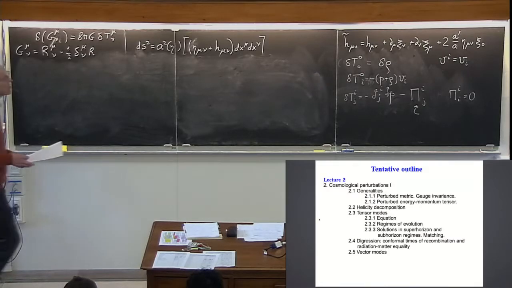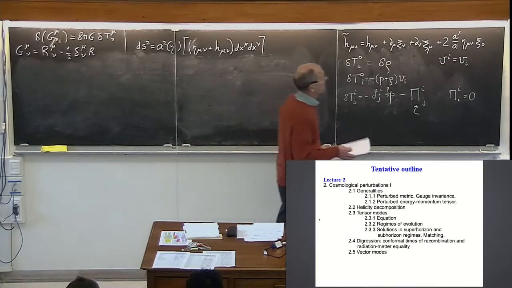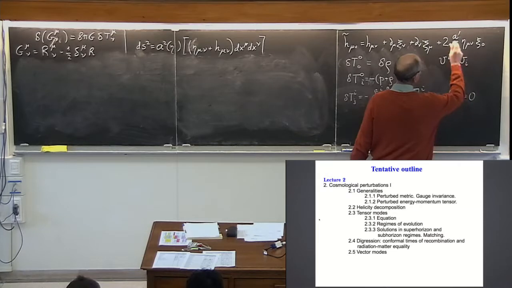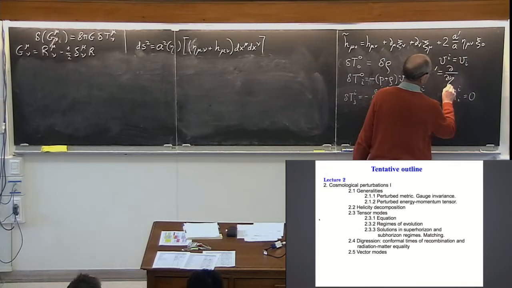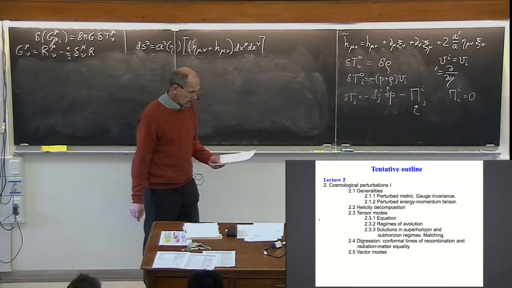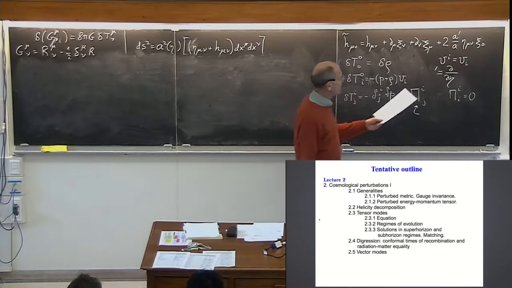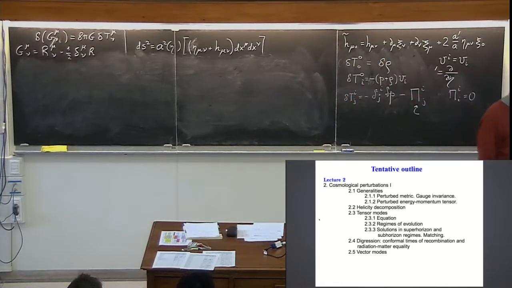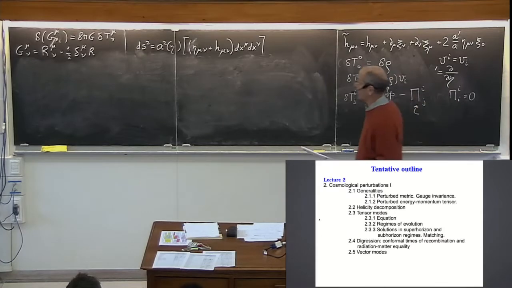I have to say that this prime here is always d over d eta. That's a convenient notation, because normally dot means derivative with respect to cosmic time, and prime means derivative with respect to conformal time.